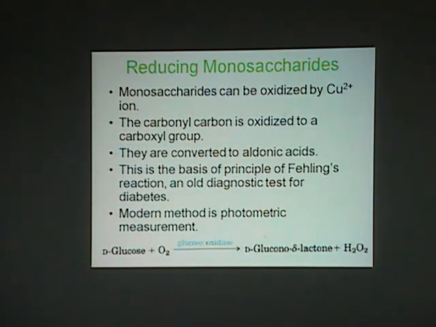The strip contains both the glucose oxidase and the dye. Glucose will be converted, and there is generation of lactone and hydrogen peroxide. That hydrogen peroxide will react with the dye, and whatever color is generated is detected by the photometer, and on that basis it gives you the result.